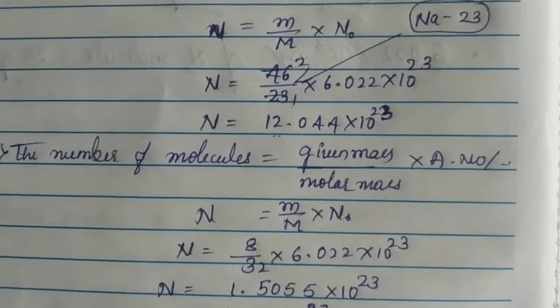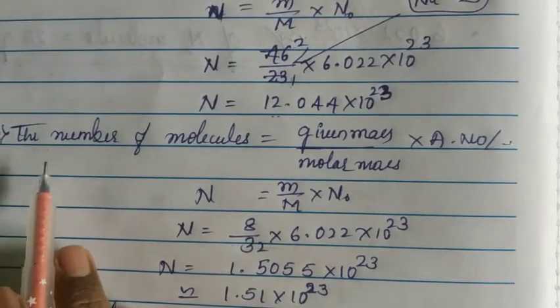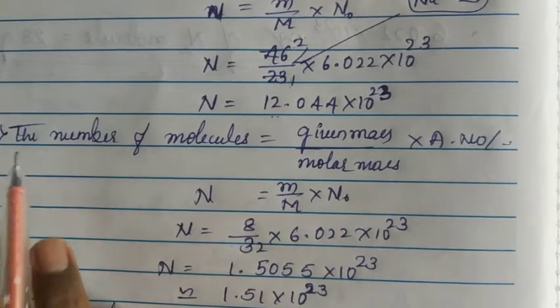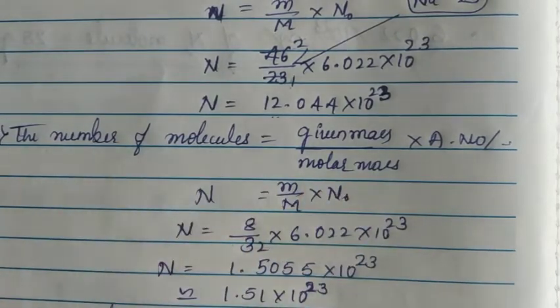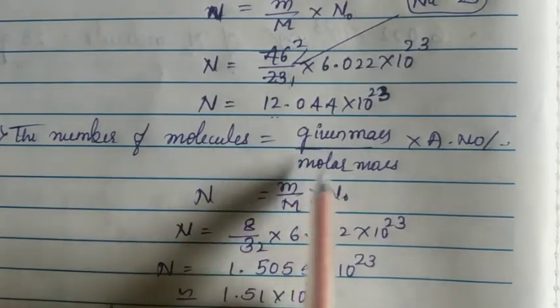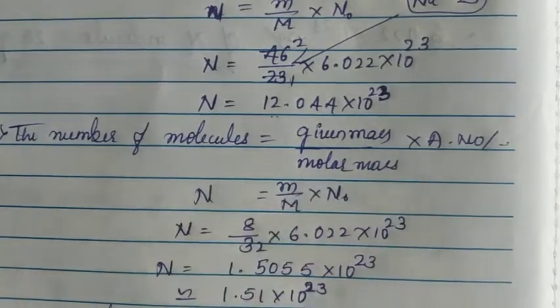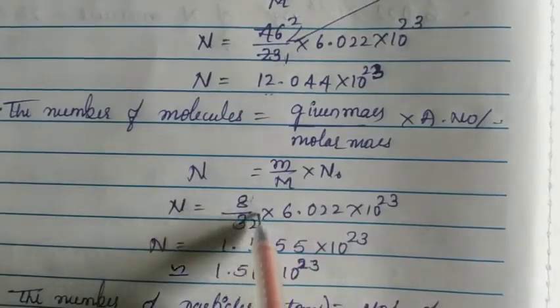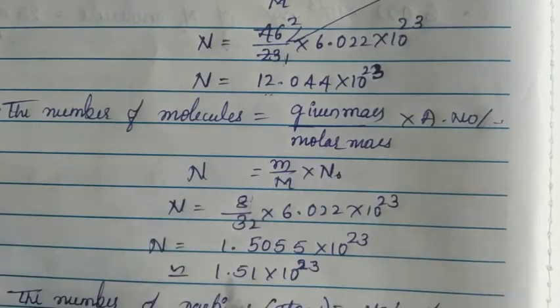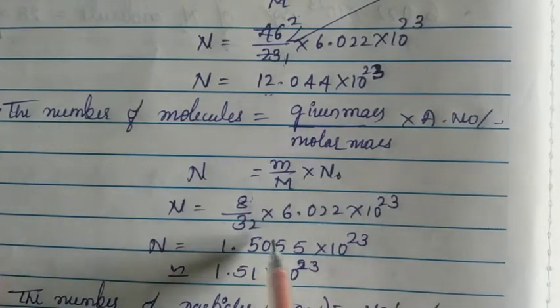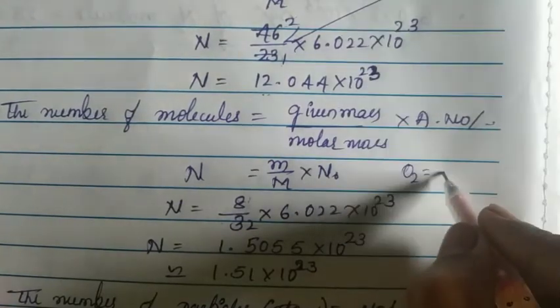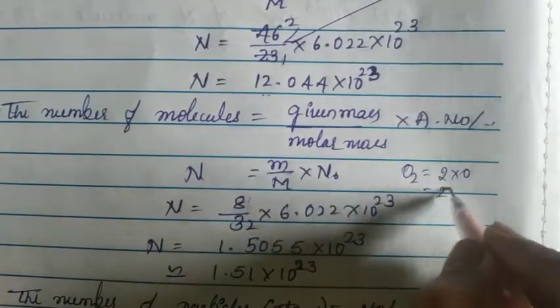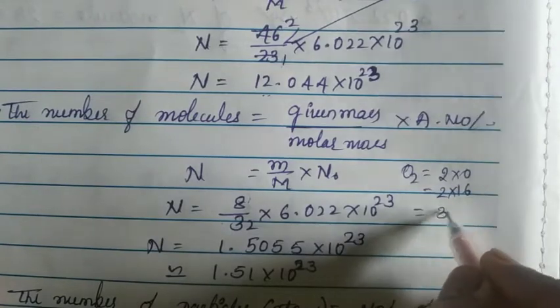And next we come to the second question. Second, 8 grams of oxygen molecules. The number of molecules is equal to, observe here, given mass by molar mass into Avogadro number. The given mass is 8 grams. The molecular mass becomes how much here? 32 grams, because oxygen is a molecule, 2 into 16 becomes how much? 32.